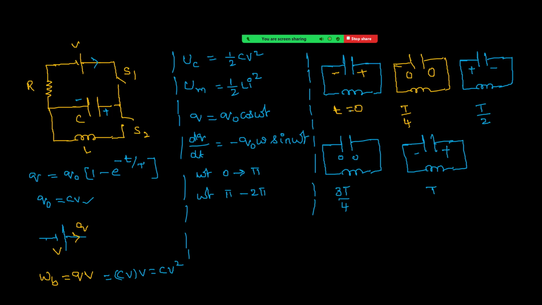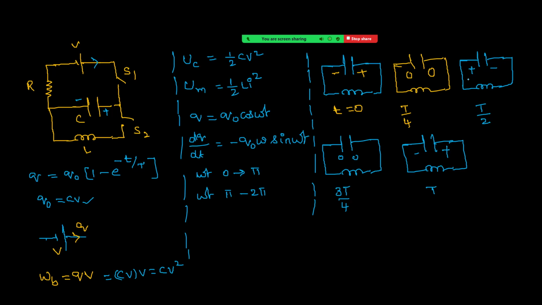That is wrong because it is exchanging. For every one-fourth cycle, energy is completely transferred from capacitor to inductor, and inductor to capacitor. Right? For every one-fourth oscillation.